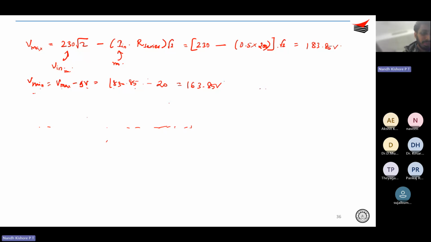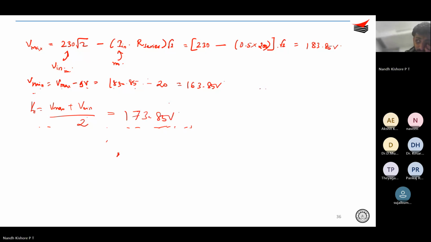Therefore, your V naught can be written as (Vmax plus Vmin) over 2, which is equal to 173.85 volts. Okay. Therefore, now your efficiency can be written as V naught square over R divided by V in I in.